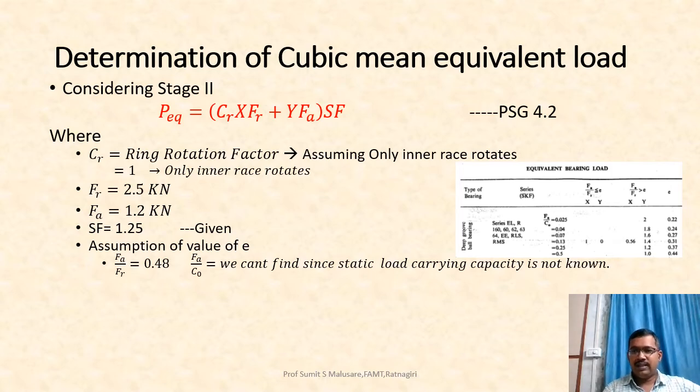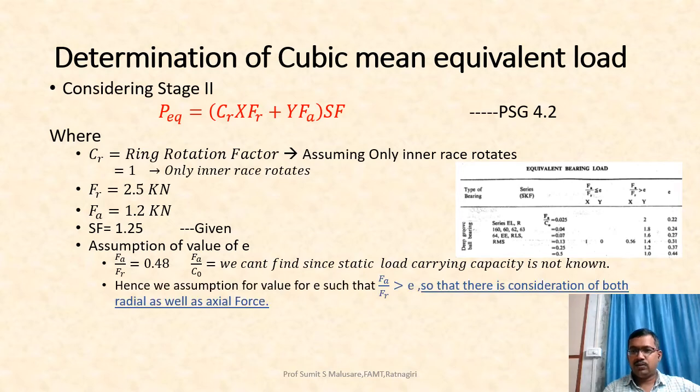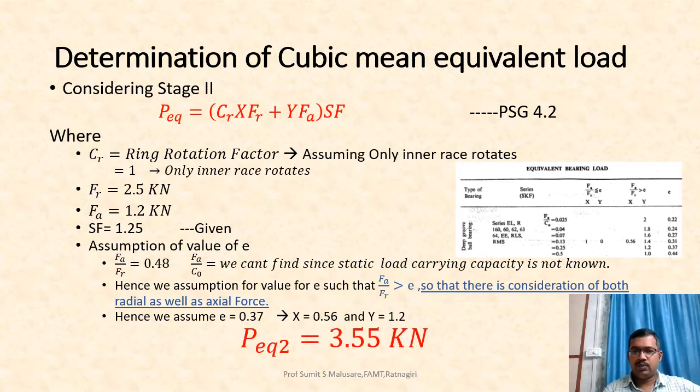So I can assume the value of E, that is 0.44, 0.37, up to 0.22, any value I can select. But again, as per my previous suggestions, don't go for the extreme value, go for an intermediate value. So I will consider E equal to 0.37, so X comes out to be 0.56, Y comes out to be 1.2, and P equivalent is equal to 3.55 kilonewtons.